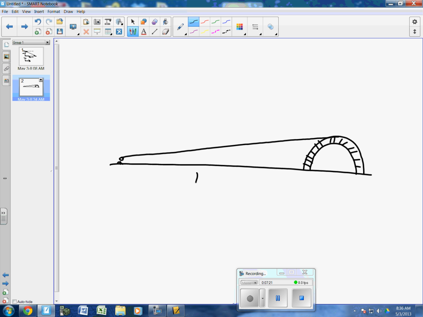So this is 100 feet. And we're going to say to the top of the bridge right there. Here's the height we want to find. Can see the top of the bridge at an angle of 30 degrees to the horizon. Well, where's an angle of 30 degrees to the horizon?